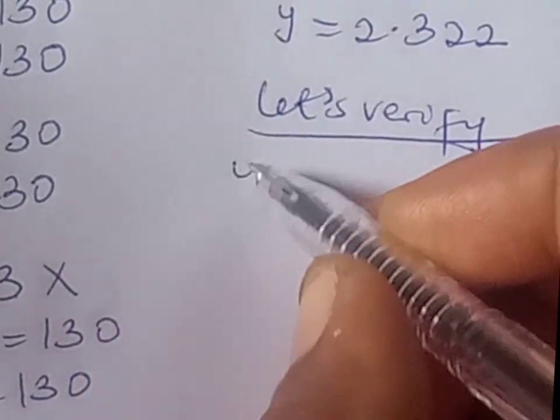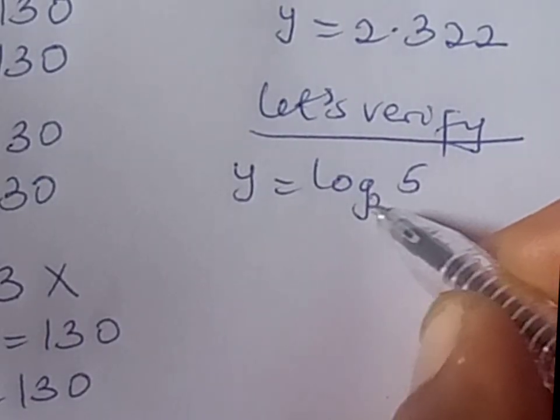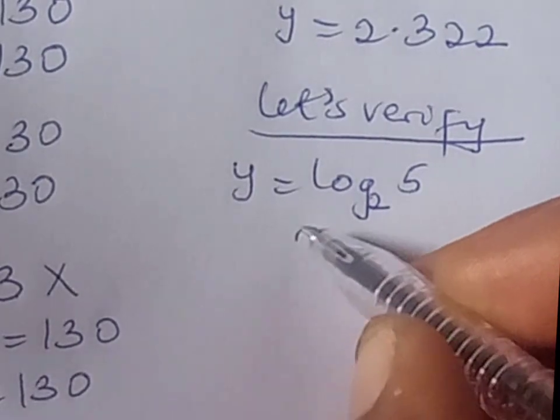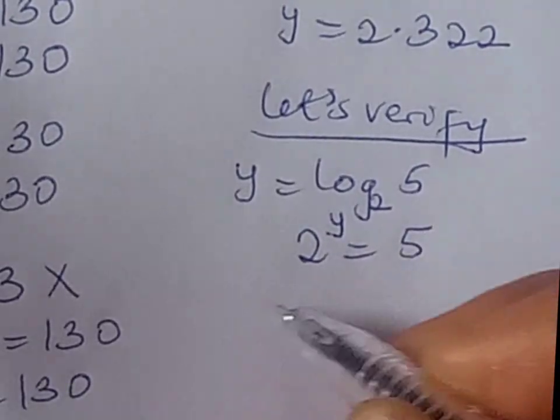If y equals log 5 base 2, then 2 raised to the power of y equals 5.